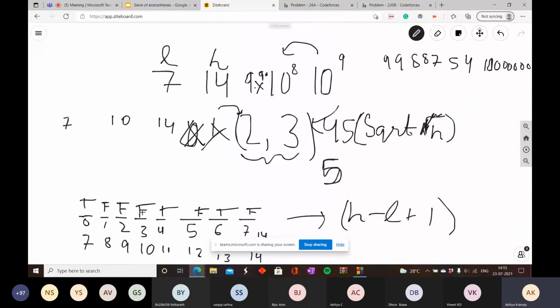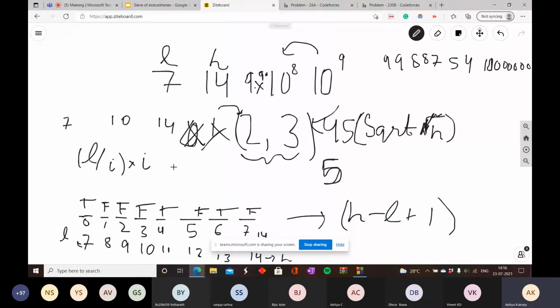So first, this is L here, 7 is L, and 14 is H. We only have to start from 8 because 8 is the first multiple of 2. So how would we obtain 8? We'll basically take L divided by I, into I. Now I is 2, we're iterating through this array. So when you take the element 2, L by I, which is 7 by 2, would output 3.